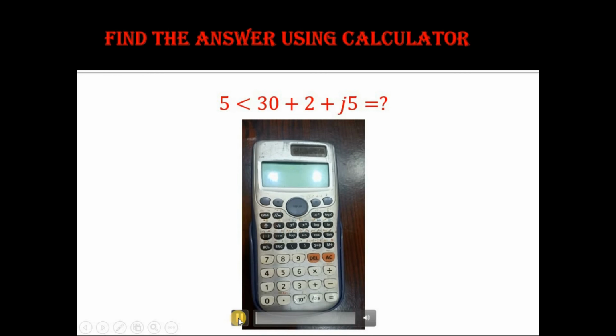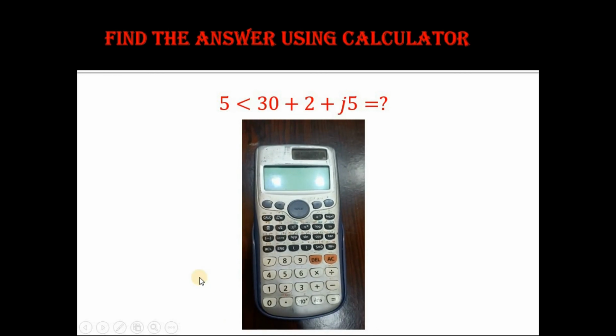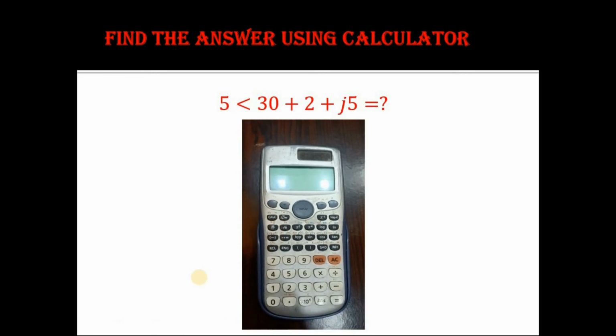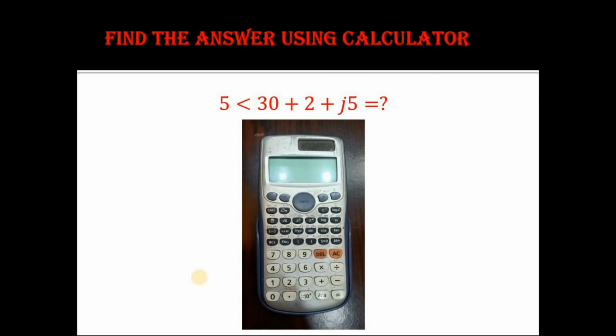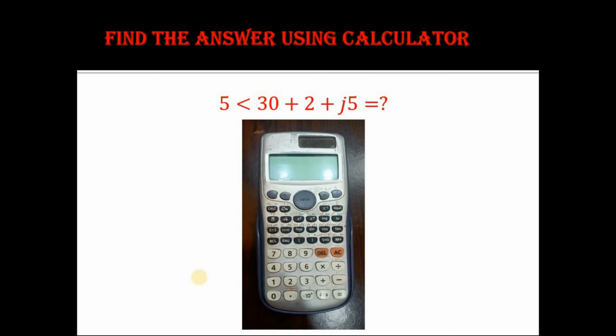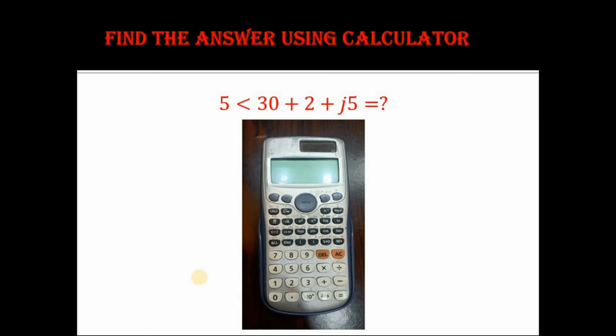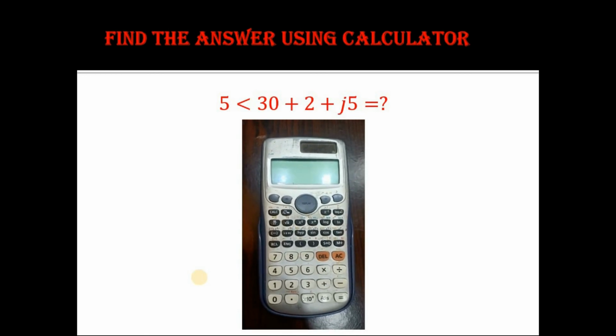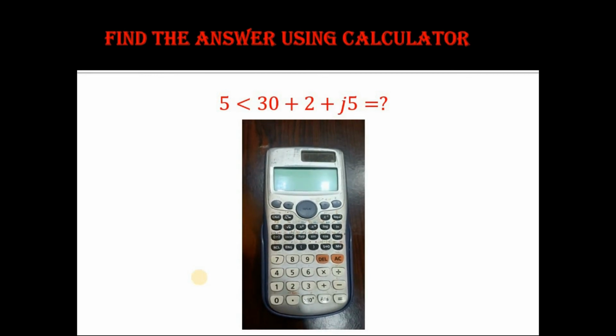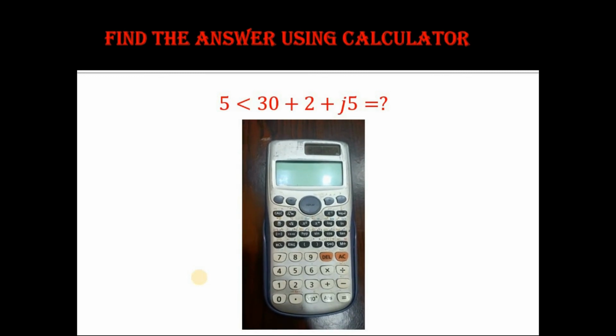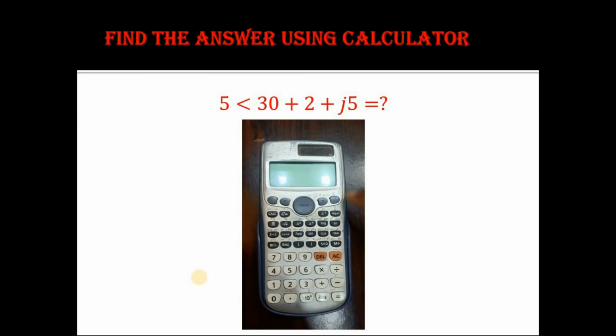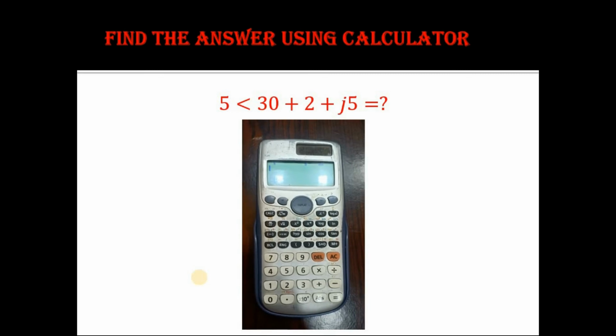Now we are going to solve the problem 5 angle 30 plus 2 plus j5. So we have to add two quantities. One is in polar form 5 angle 30, another is in rectangular form 2 plus j5. So we are going to do this using calculator. First switch on the calculator.